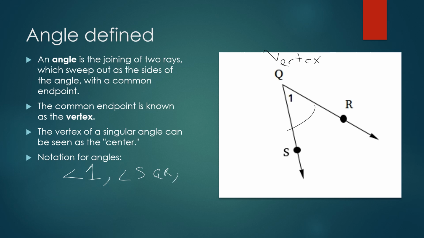I could also state that this is angle RQS as well. So long as the vertex is in the center, I can use either direction when it comes to naming the angle.